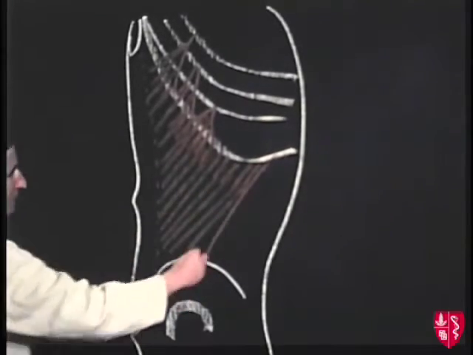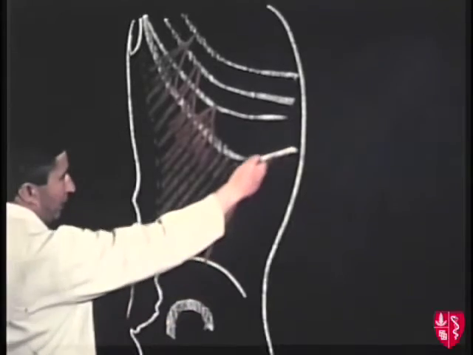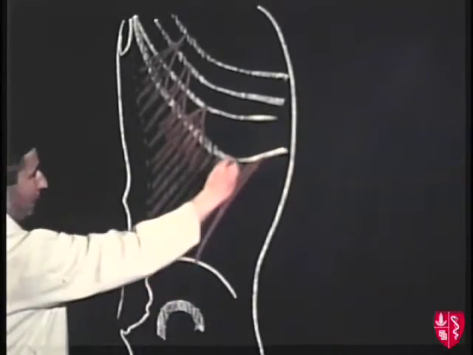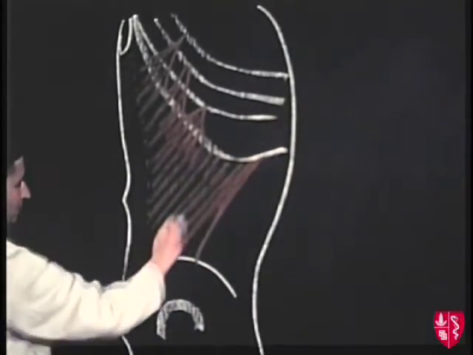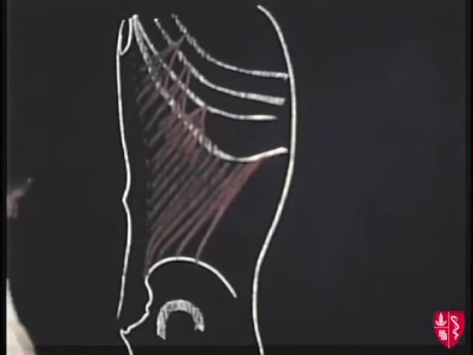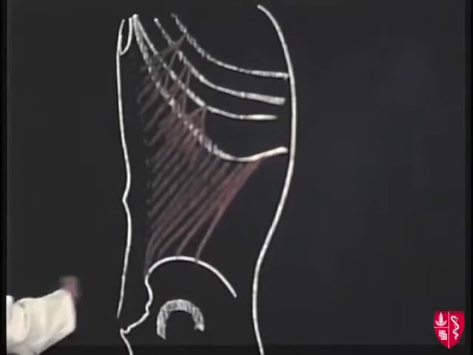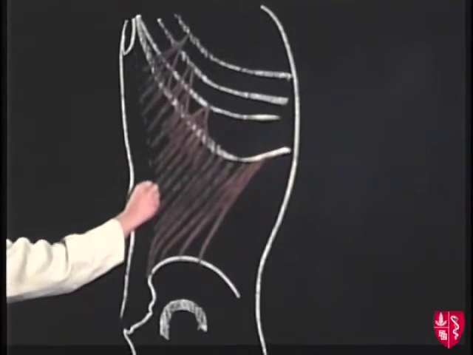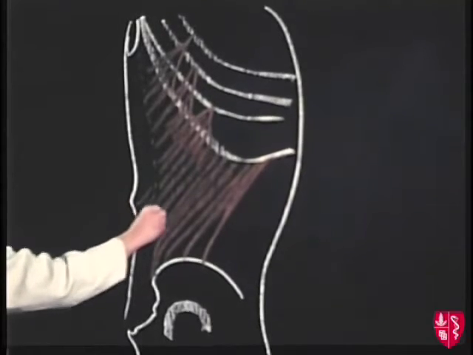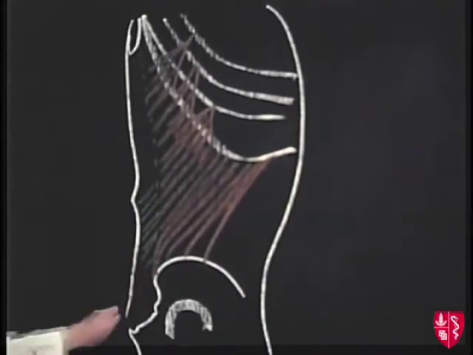The lowest fibers are inserted into the outer lip of the iliac crest, coming down in this way, as far as the anterior superior iliac spine. From there onwards, the fibers give way to an aponeurosis. And the fibers of the aponeurosis extend downwards and forwards until we get to the anterior superior iliac spine.